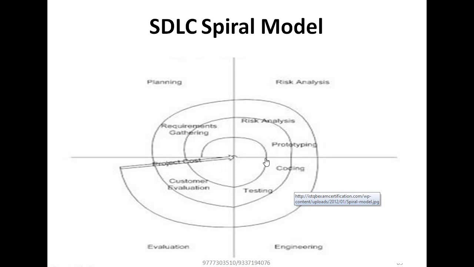This is the first phase: planning, requirement gathering, risk analysis and prototyping. Engineering means testing and coding. Evaluation means customer evaluation. If I move far away from the center, project cost will increase and time will also increase.